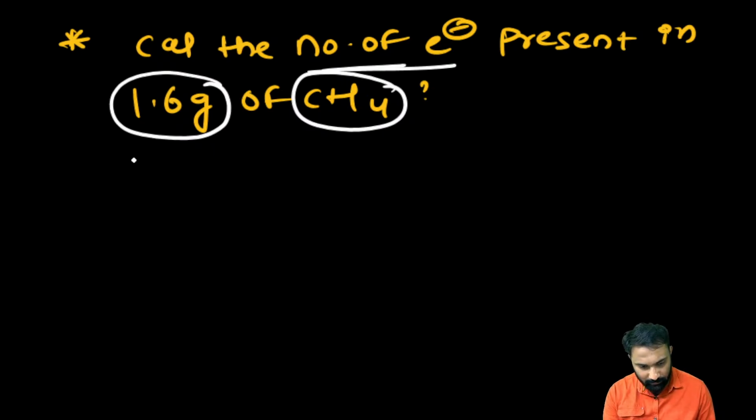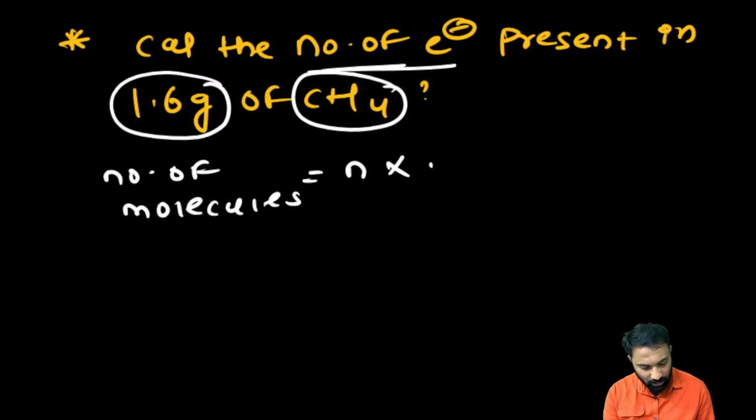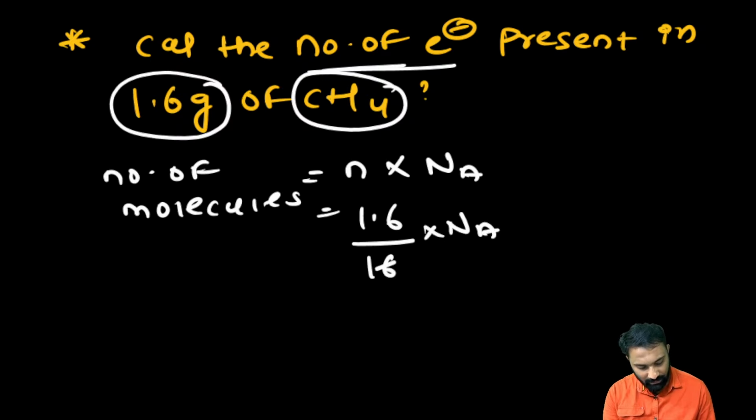First find the number of molecules. Number of molecules formula will be number of moles into Avogadro number. Number of moles formula: 1.6 by 16 into Na. Right? This will give you 0.1. So 0.1 into 6.023 means we are having 0.1 Na molecules.